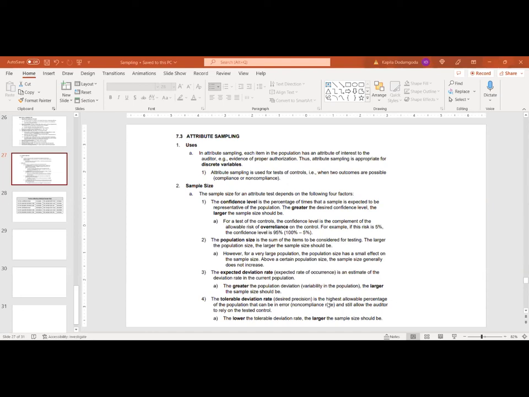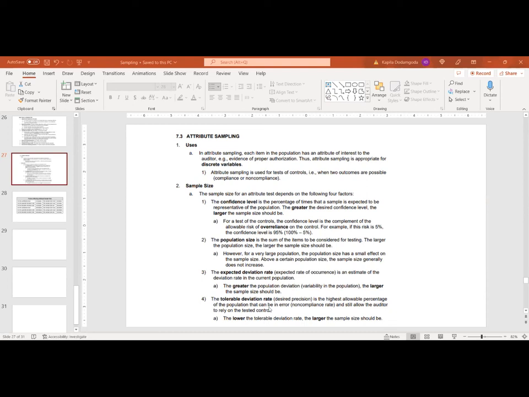But if you have to be fairly certain about the accuracy, your level of tolerable mistakes is smaller, then you have to pick a large sample. So therefore, there are 4 aspects that you need to consider when you pick the sample size.